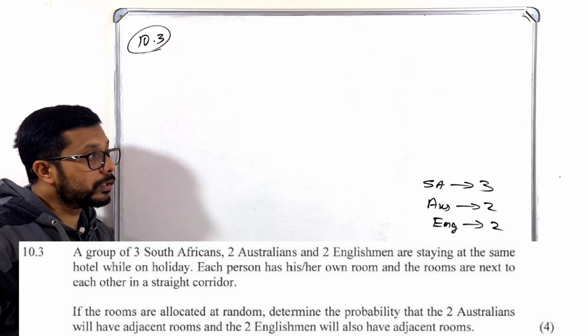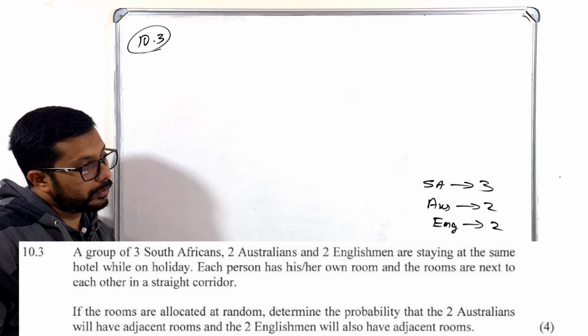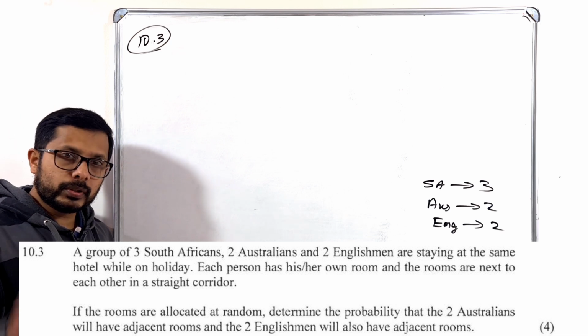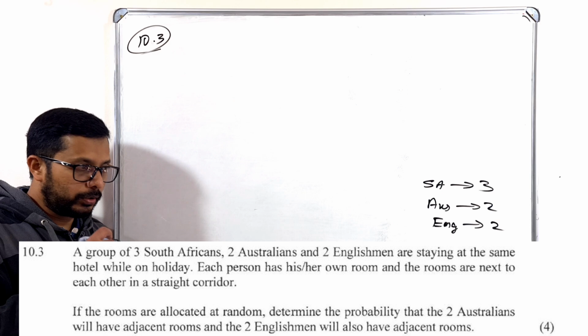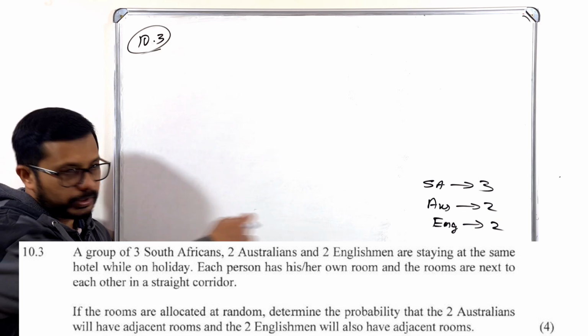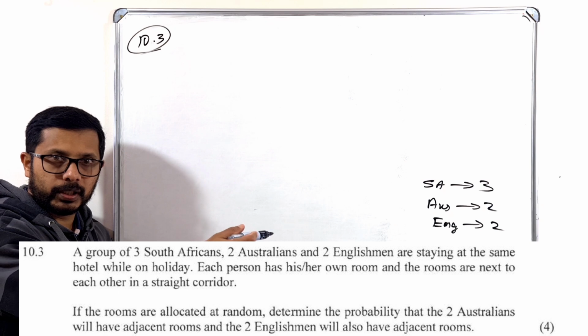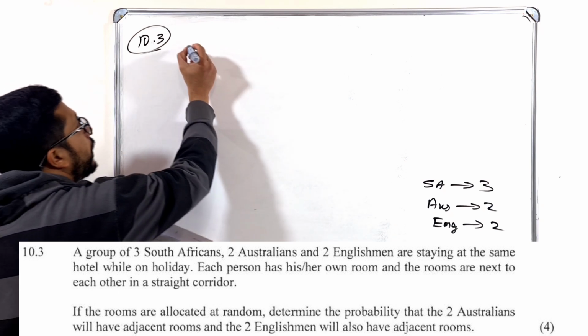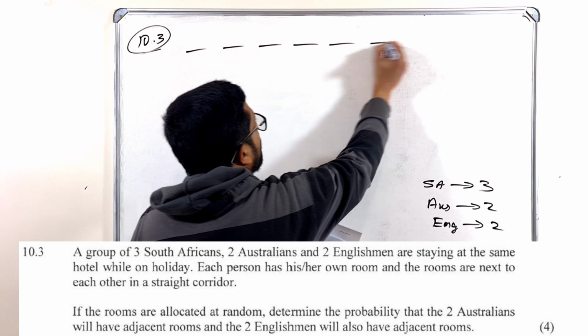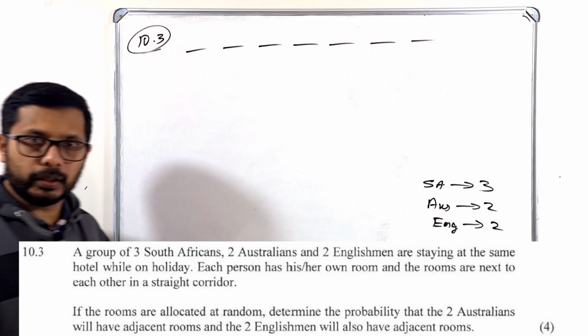In total, how many people are there? 3 plus 2 is 5, 5 plus 2 is 7. So those 7 people are on holiday in a hotel, staying in rooms next to each other. Rooms 1 2 3 4 5 6 7.